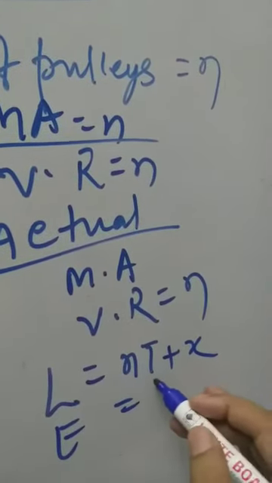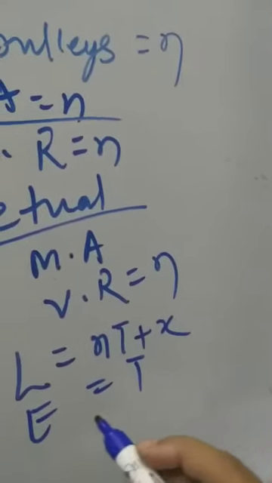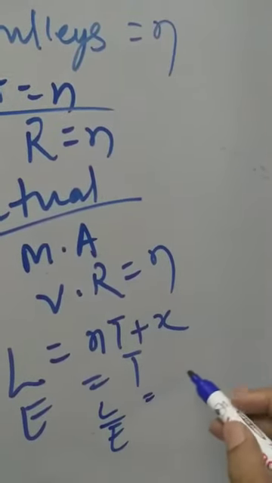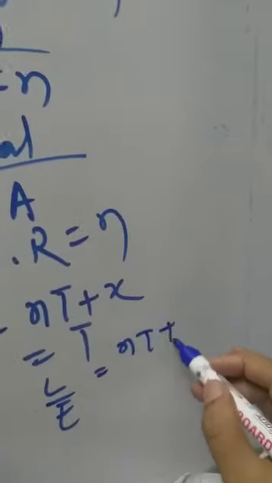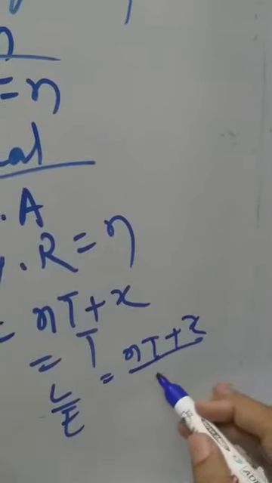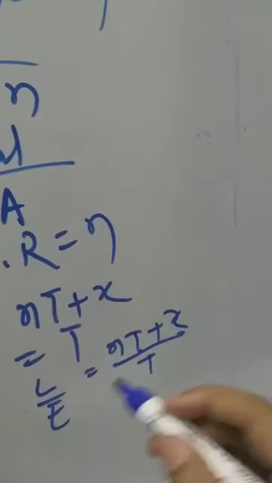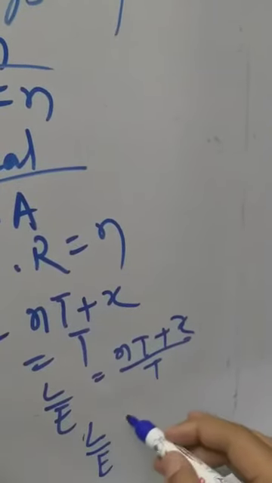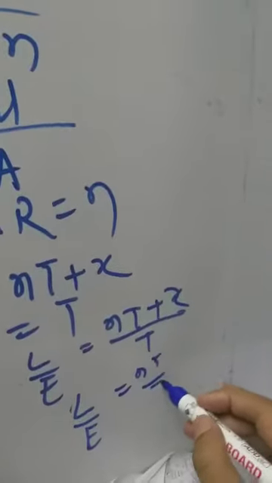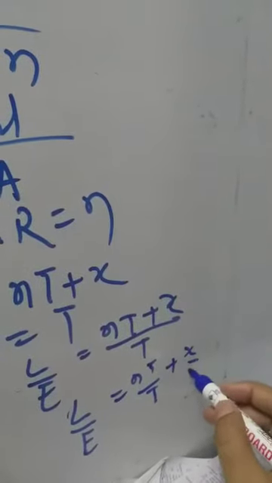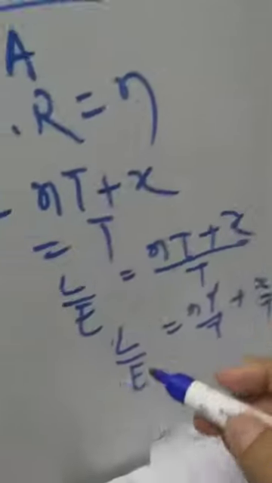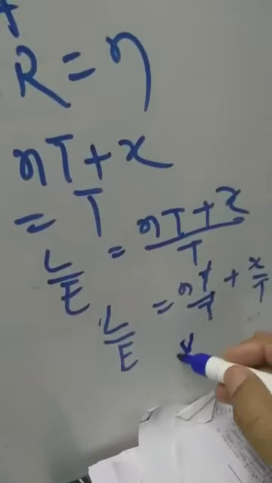So here you can write L by E, which is the mechanical advantage, that is equal to NT plus X by T. So it will be L by E is equal to NT by T plus X by T. T cancels.